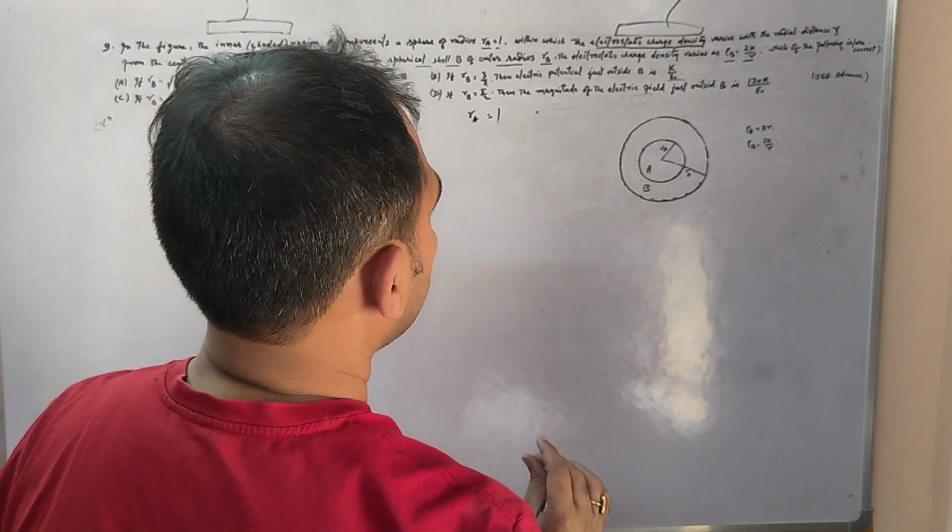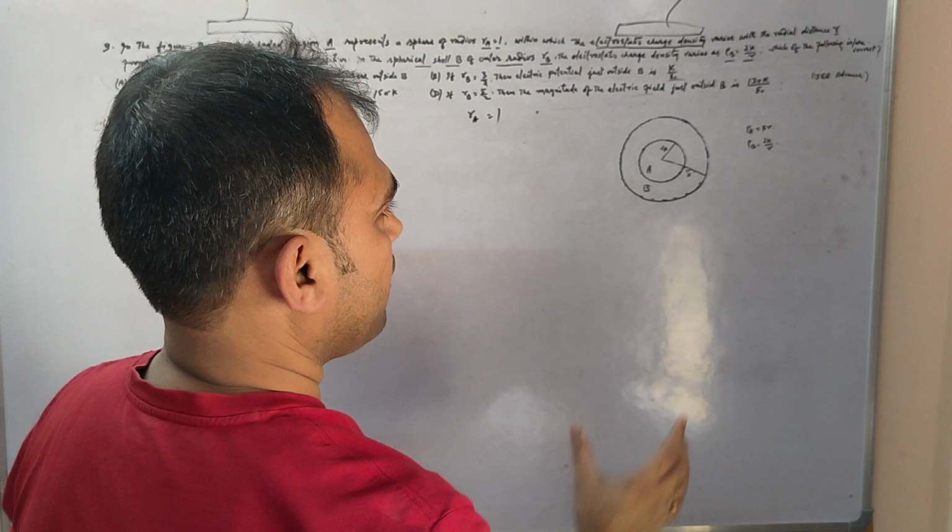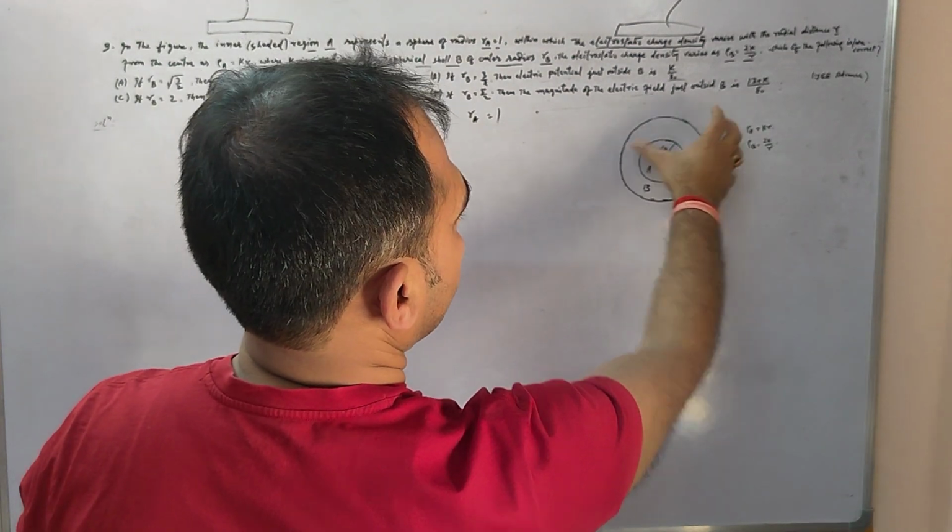So what will be the Q net for this whole sphere?